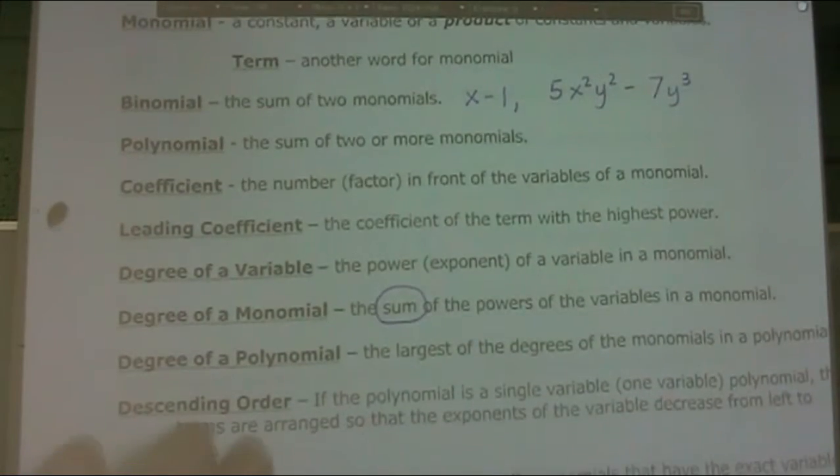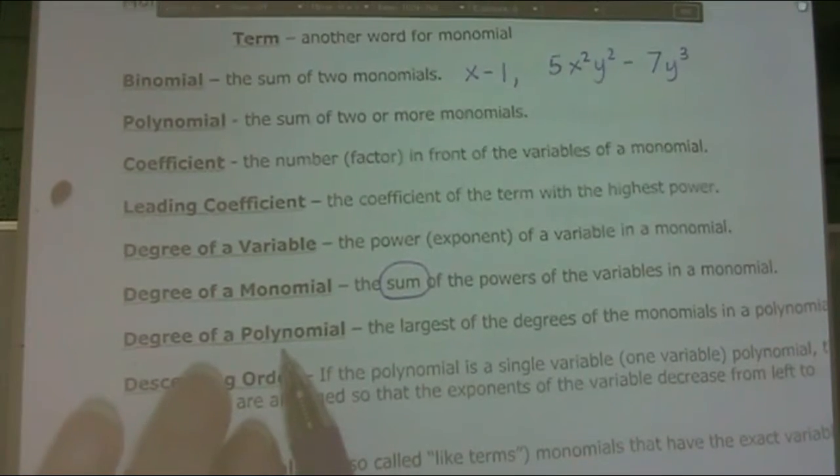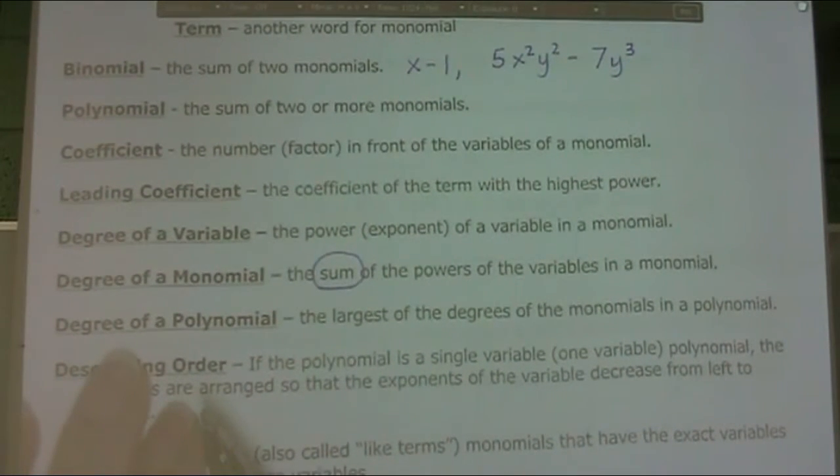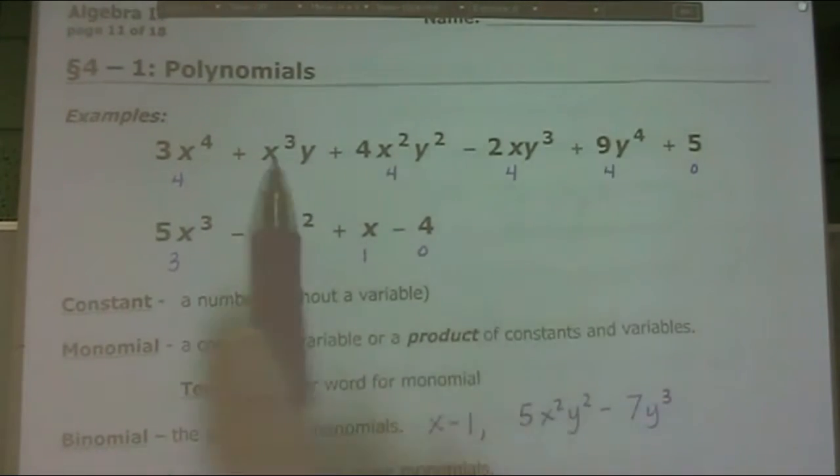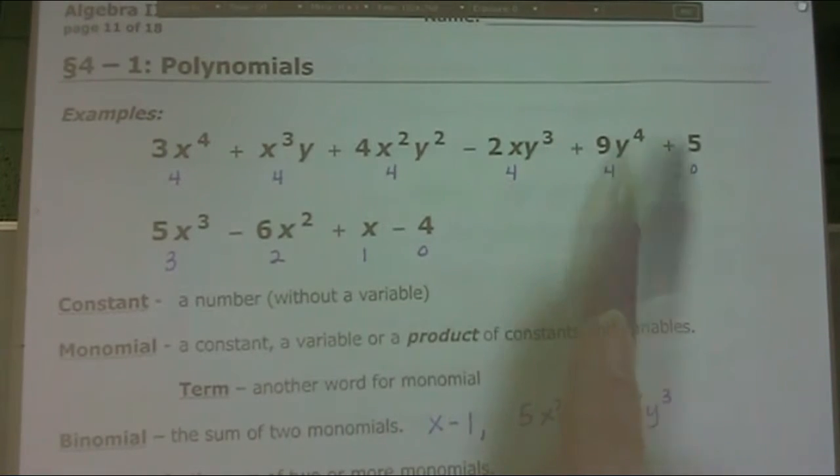And the reason why it was important for us to write these down is because of our next term. And that is degree of a polynomial. The degree of a polynomial is the largest of the degrees of the monomials in the polynomial. So we had to do this to find the degree of the polynomial. The largest of these is 4, so the degree of this polynomial is 4.